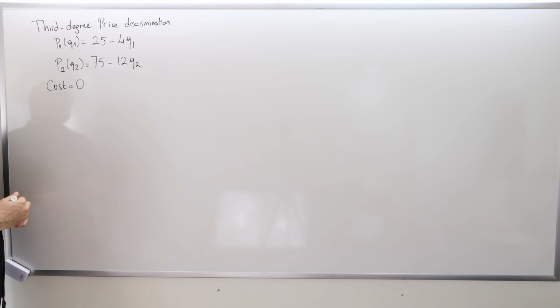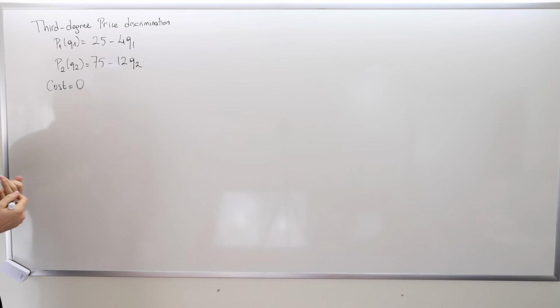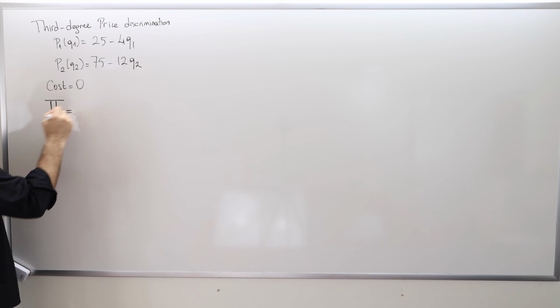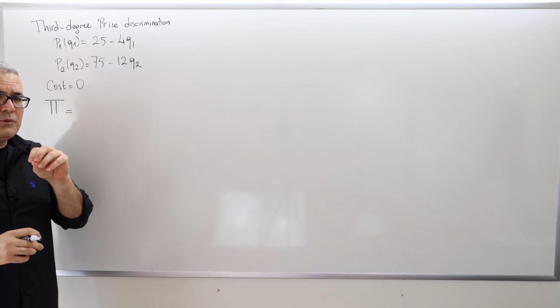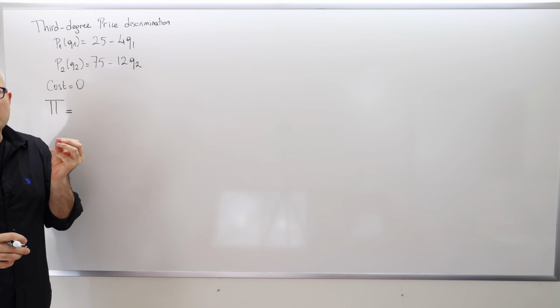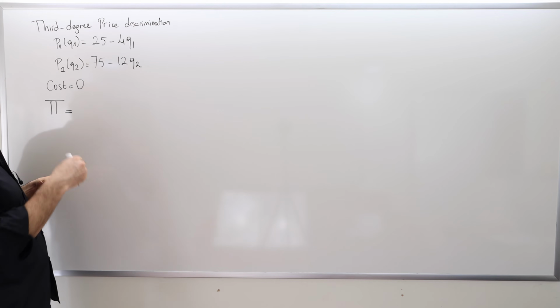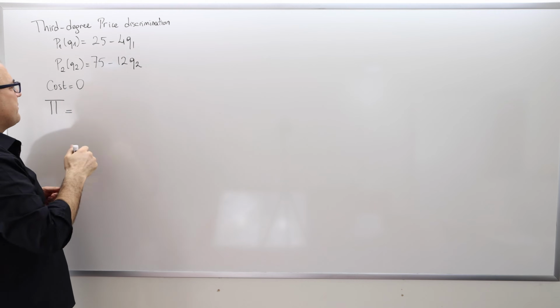In the third degree price discrimination, given that we have two groups, we start with writing the monopolist profit function. The monopolist profit function is basically revenue from each group minus the cost. The revenue from each group is the price for each group, which is given by the inverse demand curve.